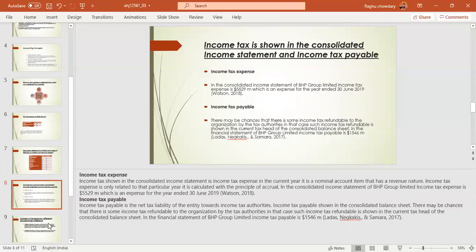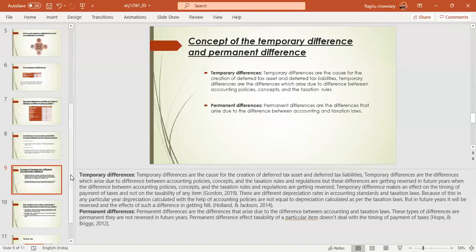Moving on to the next slide, I would like to talk about the concept of temporary difference and permanent difference. Temporary difference is the cause of creation of deferred tax assets and deferred tax liabilities.